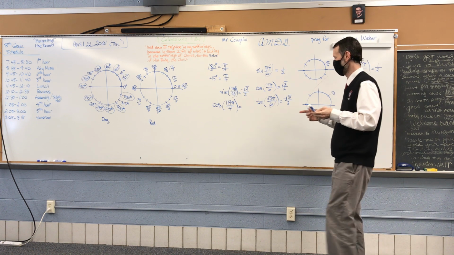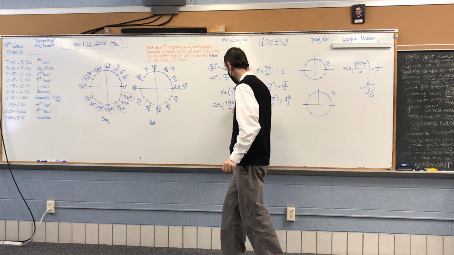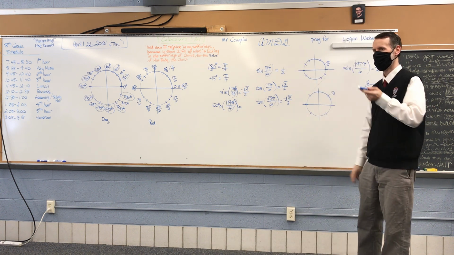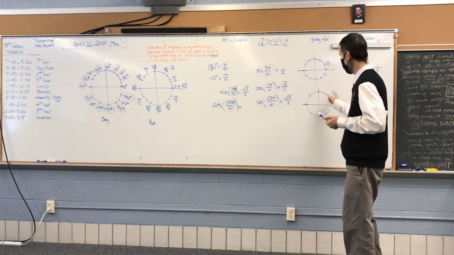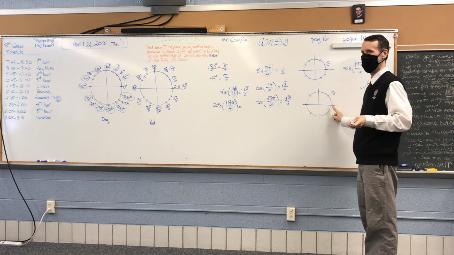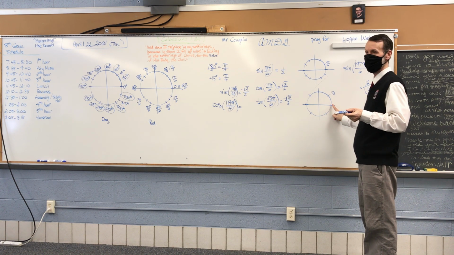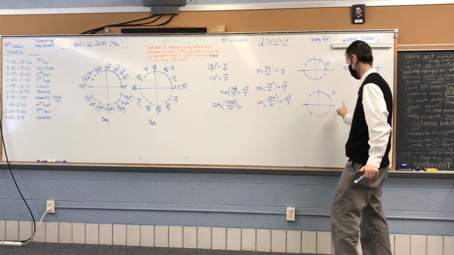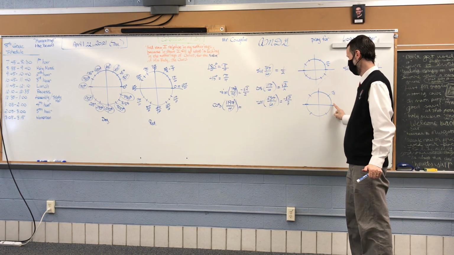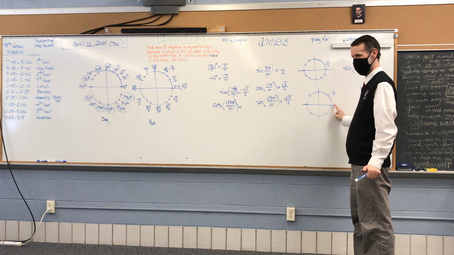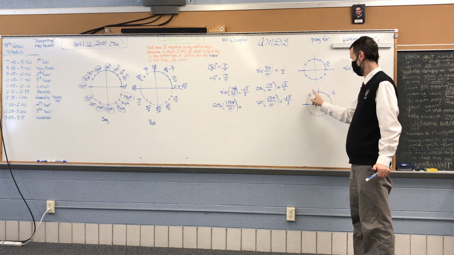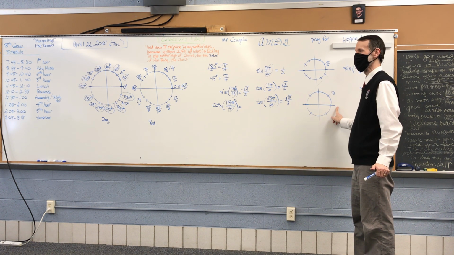Correct. So it's a multiple of pi over 4. How many pi over 4s do we need? 119 of them. How many of them do you get going once around the circle? How many pi over 4s do you get going once all the way around the circle? That's the top half. 1, 2, 3, 4. 8.